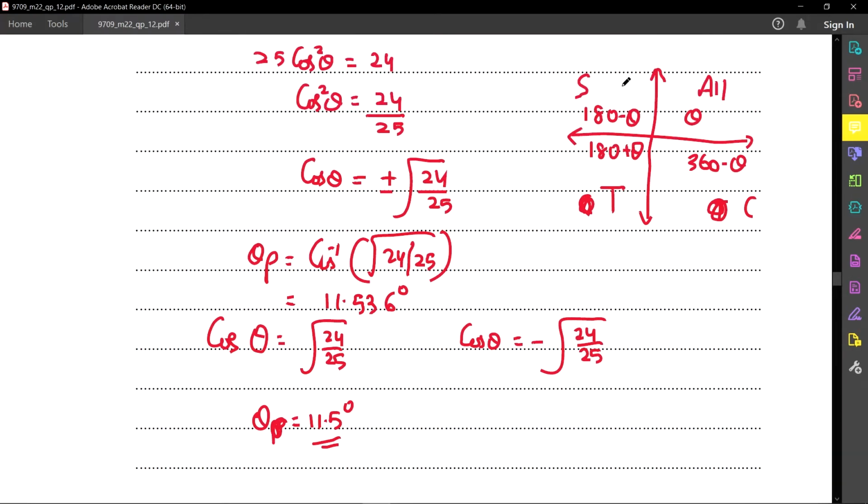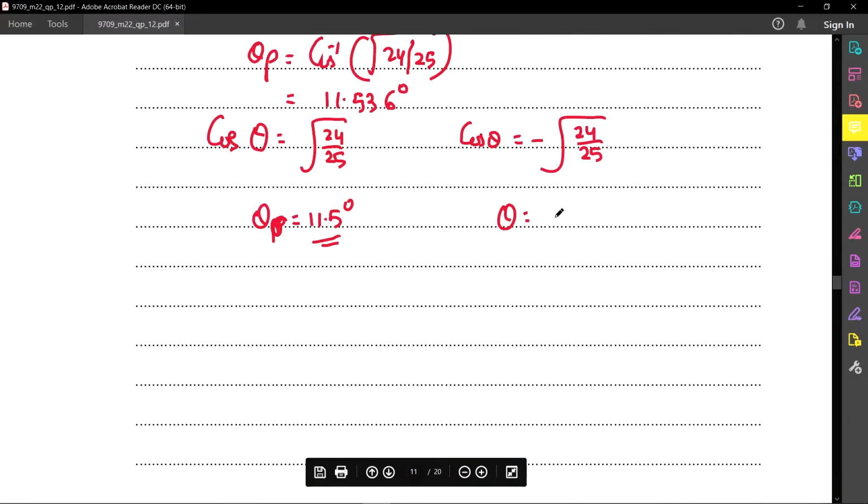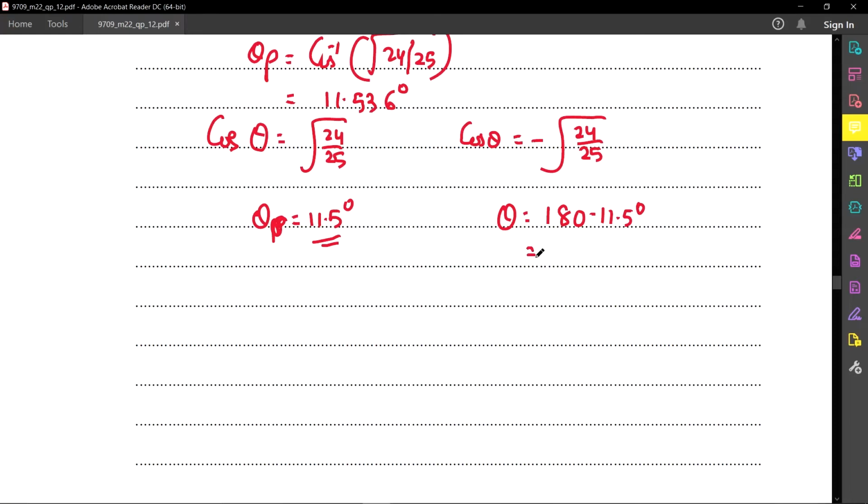Cos is negative in the second quadrant and the third quadrant, but third quadrant will be more than 180. So here the angle is 180 minus 11.536 degrees.